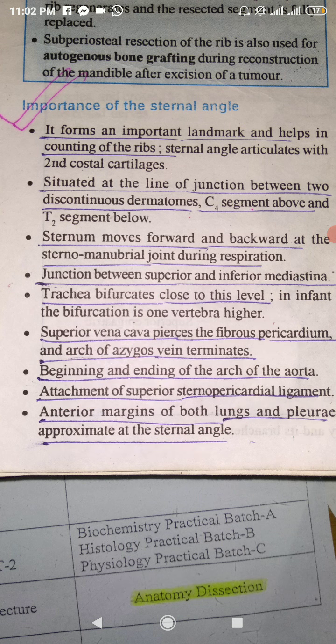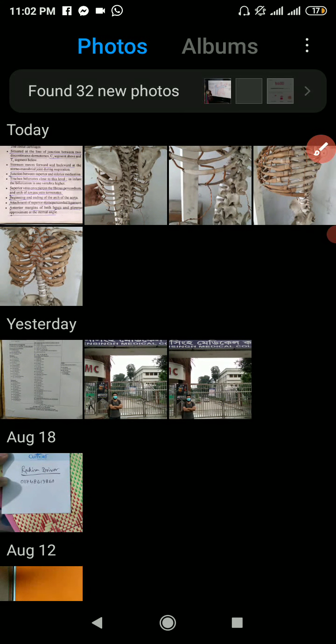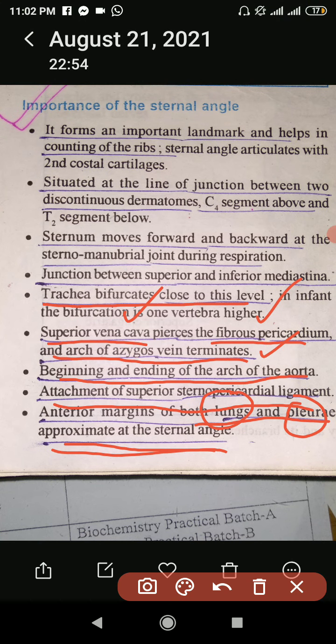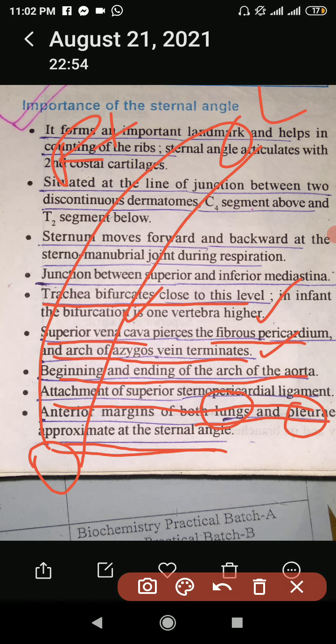The thoracic duct carries lymphatics, and it deviates from the right side to the left side at the sternal angle level.